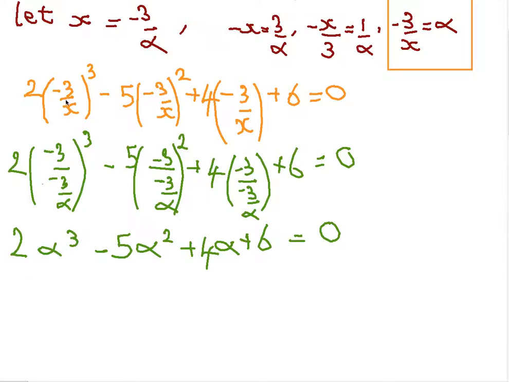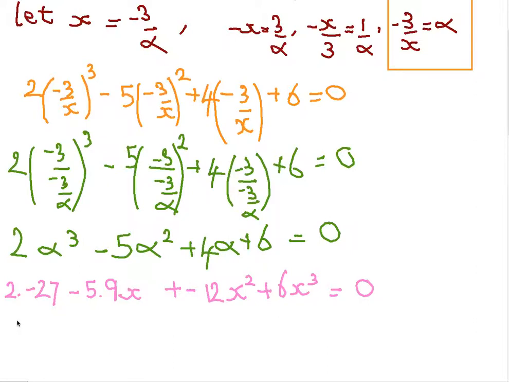We'll get 2 times minus 27, minus 5 times 9 x, plus minus 12 times x squared, plus 6 x cubed equals 0.